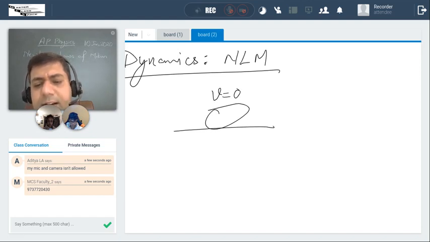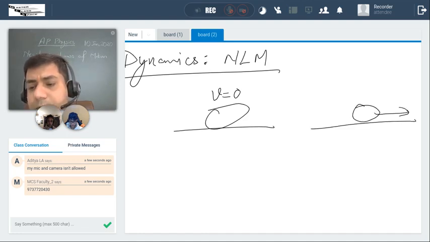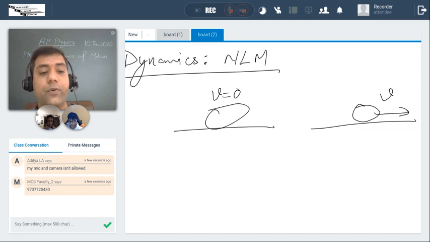It remains at rest unless some external force is applied on it. Or a body in motion remains in motion unless some external force is applied which stops the body. Okay, my dear friends. From here only we get the concept of external force.